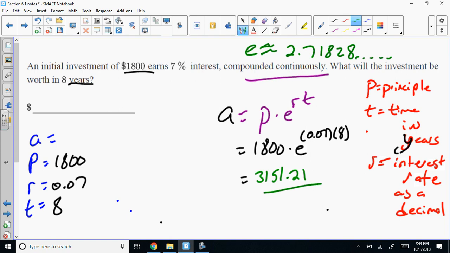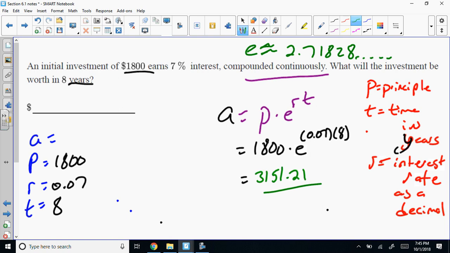Does the multi-view have a 10 and an E button? What do those look like? Or do they have an LN button? That's an LN. Above LN's the E to the X, right? Okay. 1800 times E raised to the 0.07 times 8.